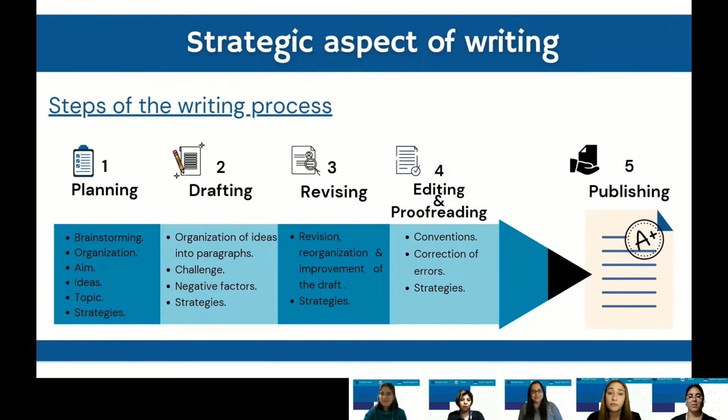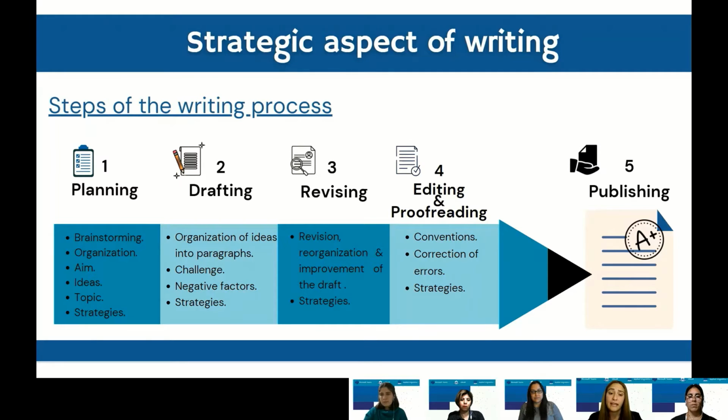Step number 3, revising. Writers often revise, modify, and reorganize their work by rearranging, adding, and deleting content. They usually revise based on comments and suggestions from colleagues. Some writers let their writing sit for a while in order to see it from a different perspective.